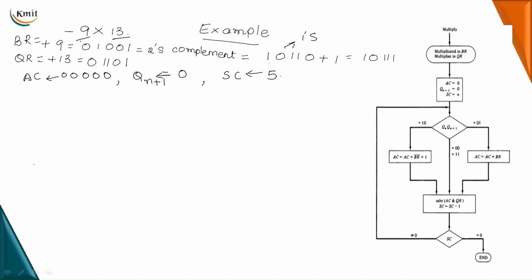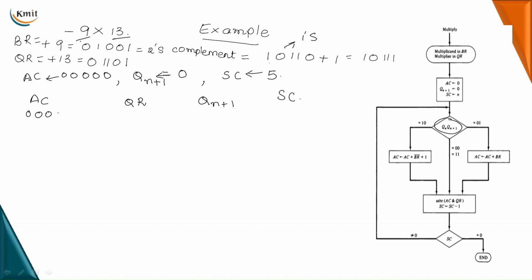So the next step, we have to take the representation of AC, QR, Qn plus 1 bit, and sequence counter. Now starting with this part of the algorithm, we have to take the values of Qn and Qn plus 1. What is the content of AC?